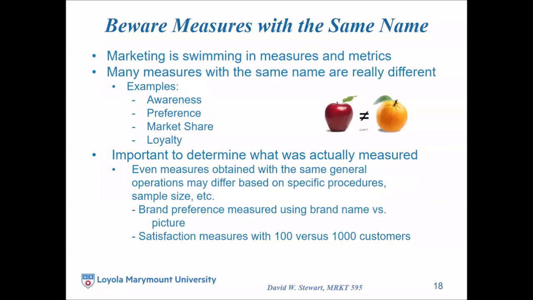Another way I could measure loyalty is, what's your favorite brand of toothpaste? And you can tell me that brand, and then say, great. Would you be willing to switch to a competitor's brand if I gave you a 50% discount?